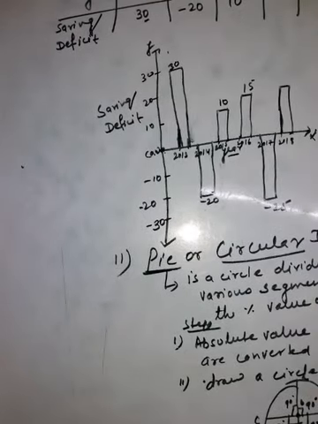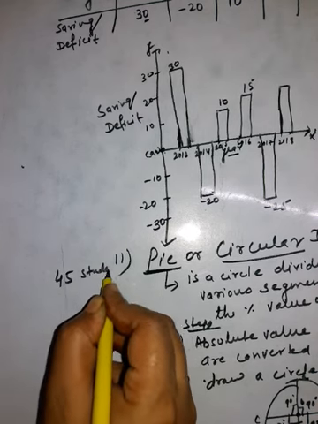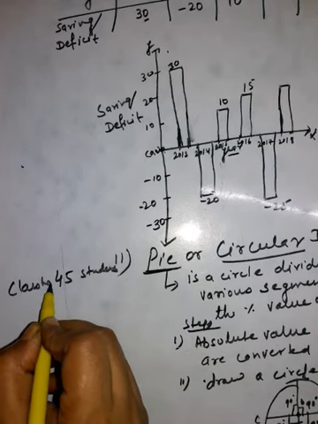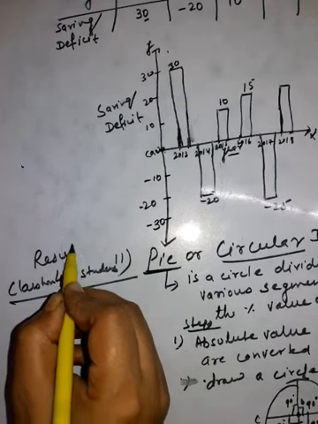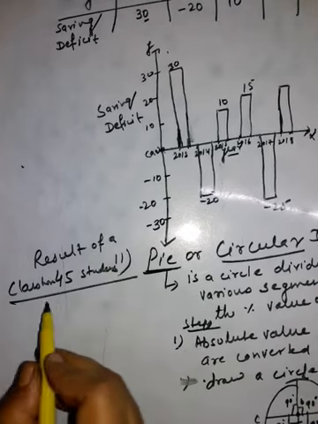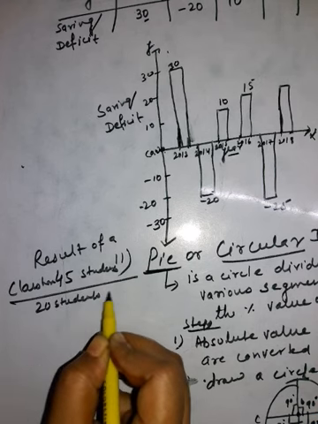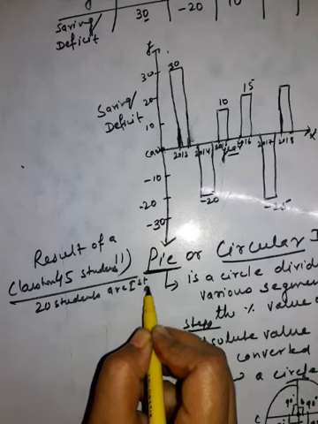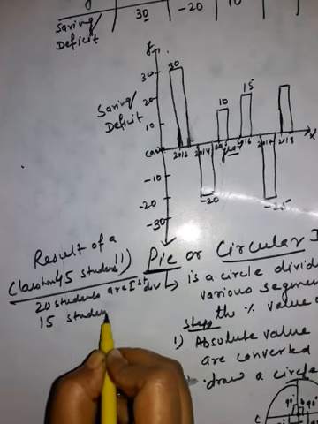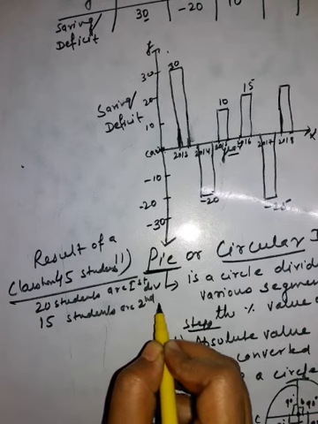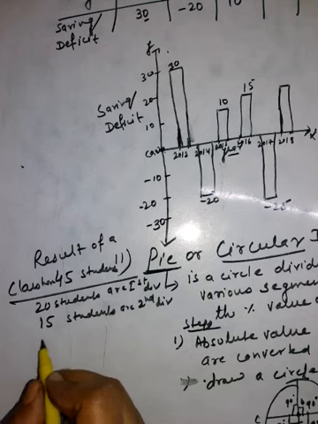Suppose I have the result of a class which has 45 students, in which 20 students are first divisioners, 15 students are second divisioners, and 10 students are third divisioners.